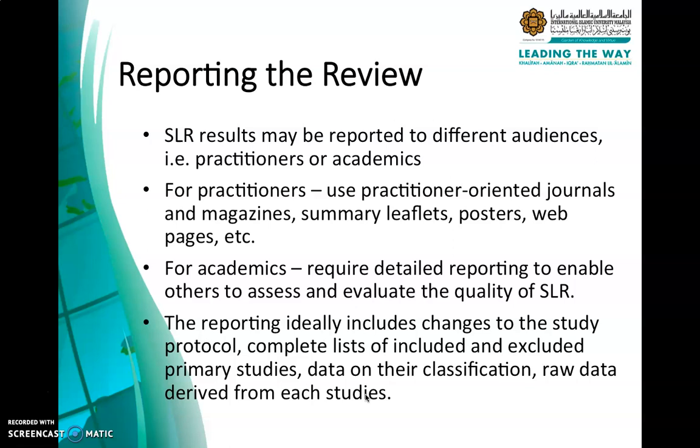But if you send the paper to conferences, normally the length of the paper is just between 6 to 10 pages, so we do not have much space to put everything. But the list of studies and the protocol we used, normally we can add as an appendix in the paper.